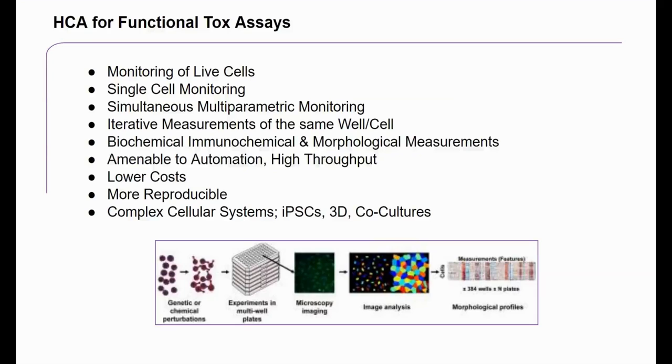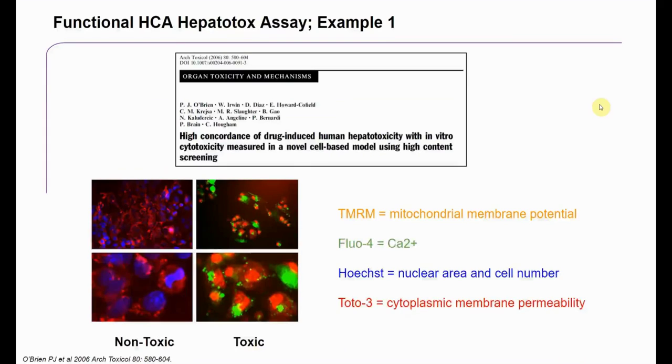It can be more reproducible, and it can also be combined with more complex cellular systems, iPS cell lines, 3D cell lines, and co-cultures. So the reason I started with hepatotoxicity is that that's probably where the most progress has been made in cytotox assays using high content screening technologies.